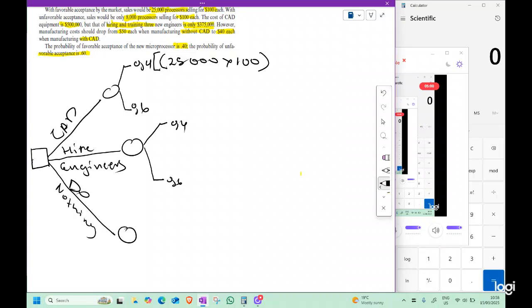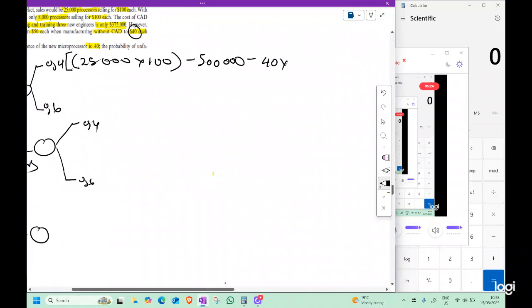So this is minus 500,000, minus this with CAD is 40. So this one is going to be 40 multiplied by 25,000 and close. So we will have our answer here.